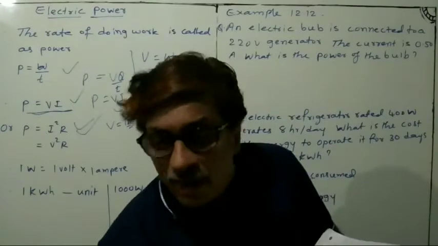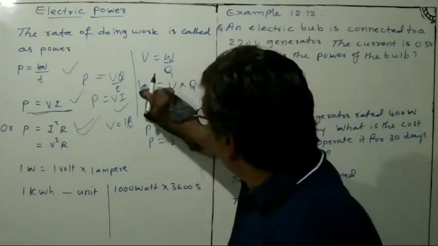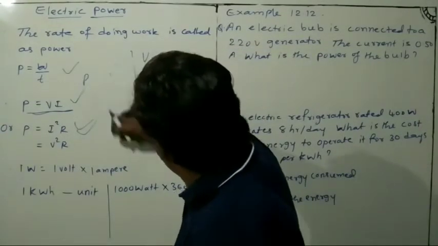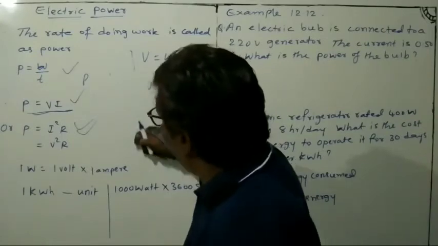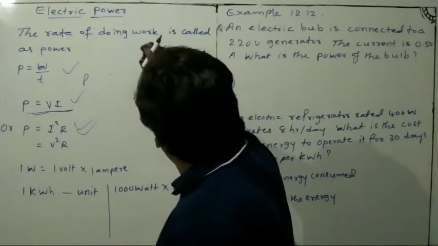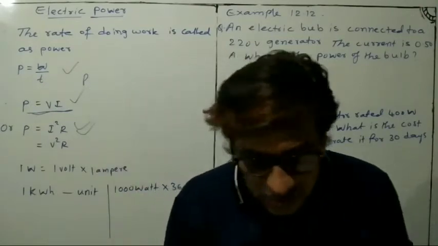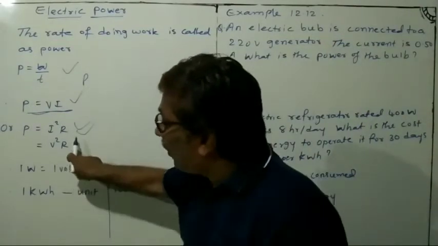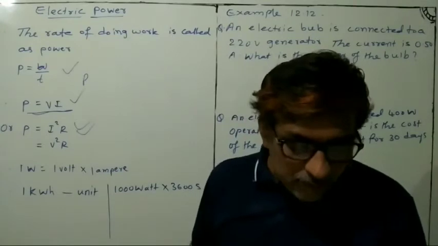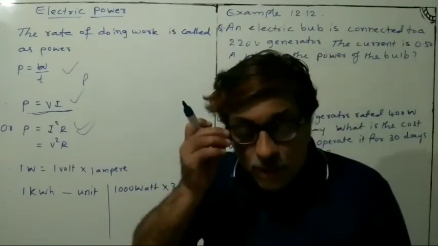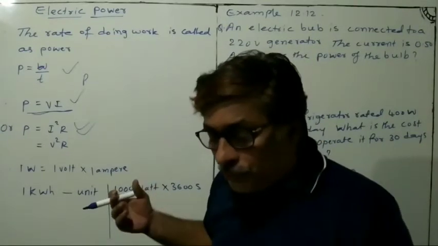And one more is given here: P is equal to V square upon R. How did you get it? You know that P is equal to VI.